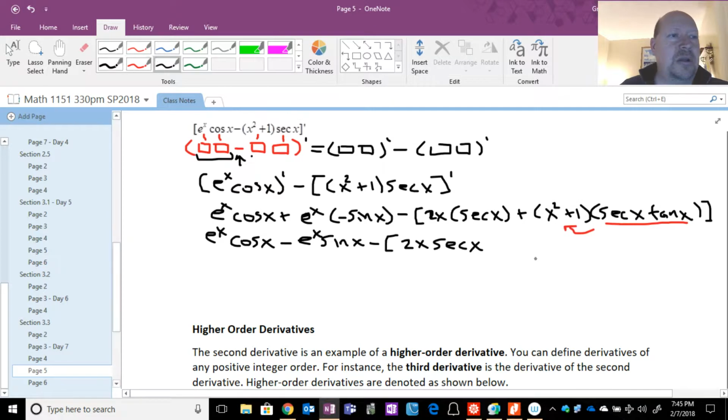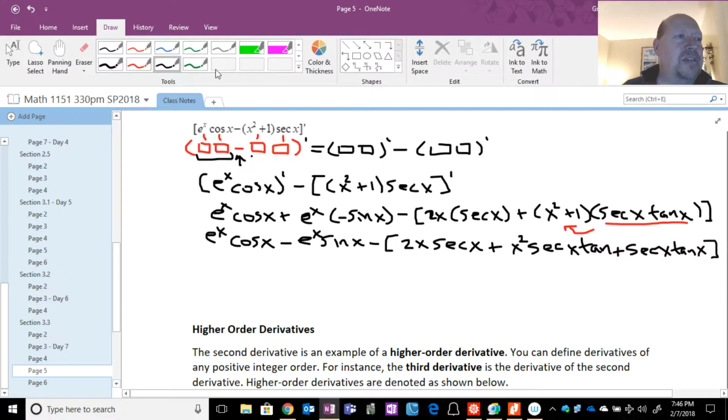So this will end up being plus x squared secant x tangent x, secant x, sorry. Let's see here, secant x tangent x, and then of course secant x tangent x times 1 is just secant x tangent x.